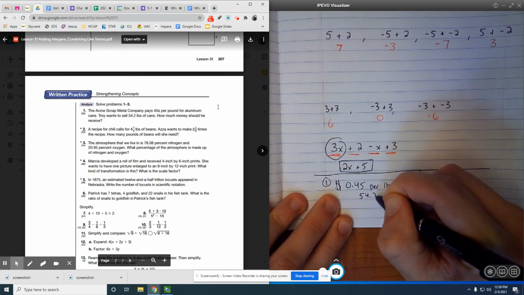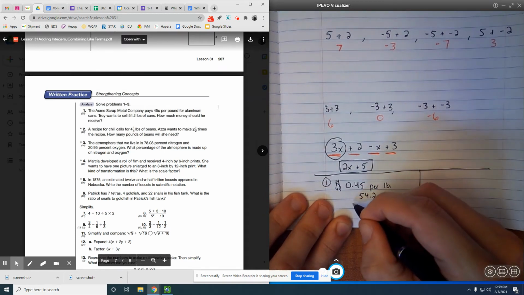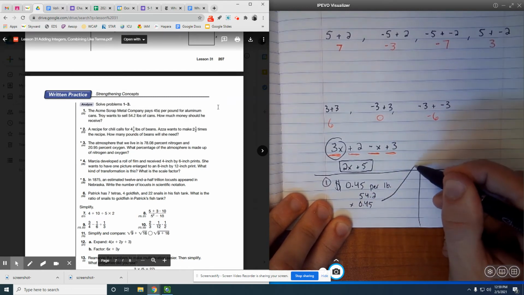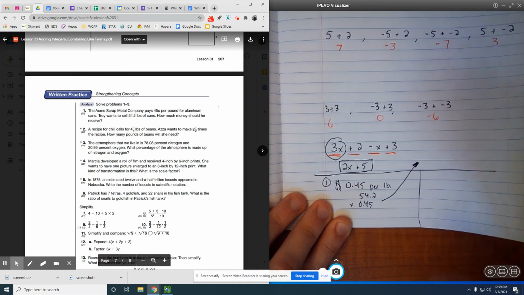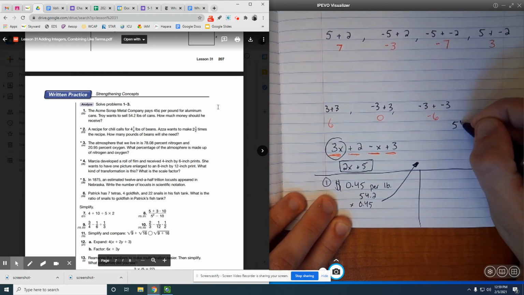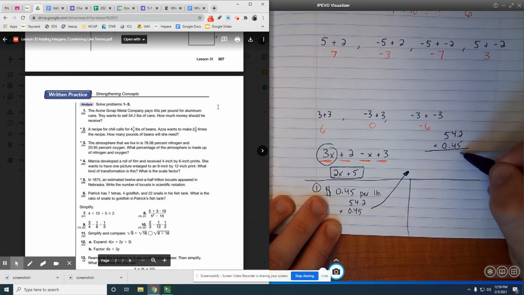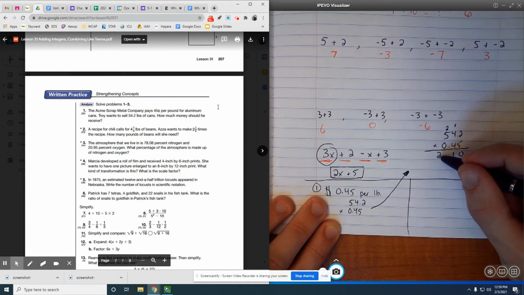So 54.2 times 0.45. I'm actually going to move this up here just so I have some more room to do my math. 54.2 times 0.45. We're going to pretend like those decimals are not there. 5 times 2 is 10. 0, carry the 1. 5 times 4 is 20, plus 1 is 21. 5 times 5 is 25, plus 2 is 27.